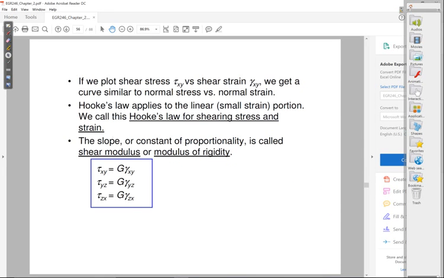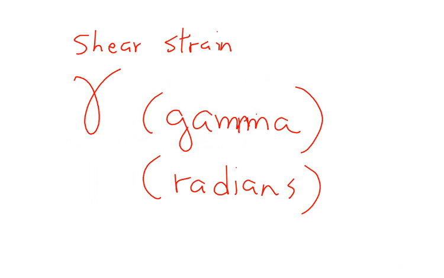All right. So people have done experiments on shear stress and shear strain, just like they did for normal stresses and normal strains. Remember how we talked about how you pull on a part until it breaks, then you look at the plot of stress versus strain. Well, people have done the same thing for shear stresses and strains. Let me just give you a conceptual idea of what's done. You could take a square block.